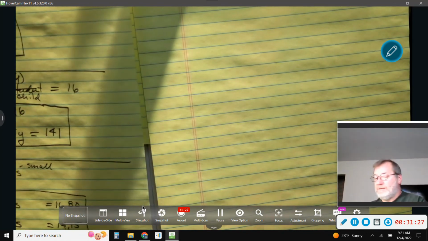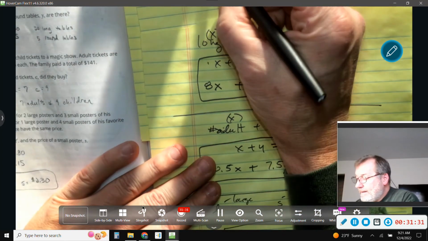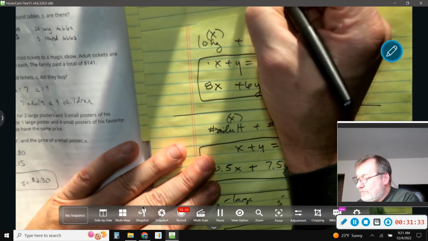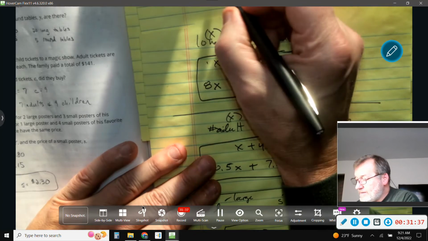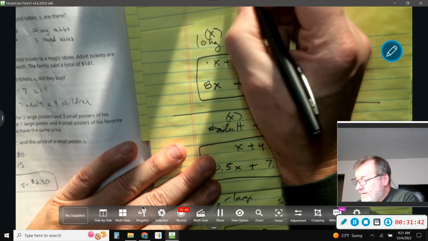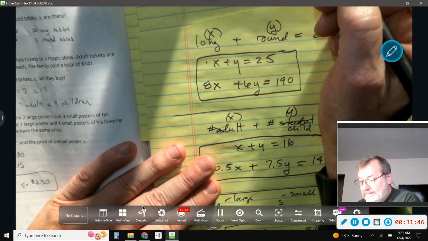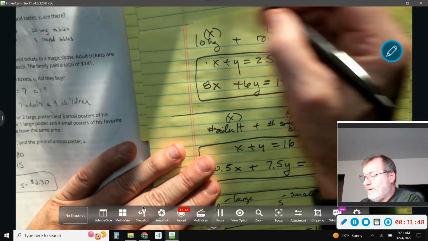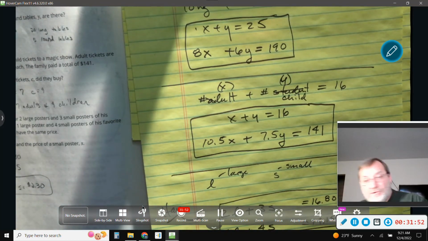Alright, so let's start out with the first one. X plus y equals 25, and 8x plus 6y equals 190. Alright, so we have to figure out some ways to do this. Now, in math, there's almost always more than one way to solve an equation.